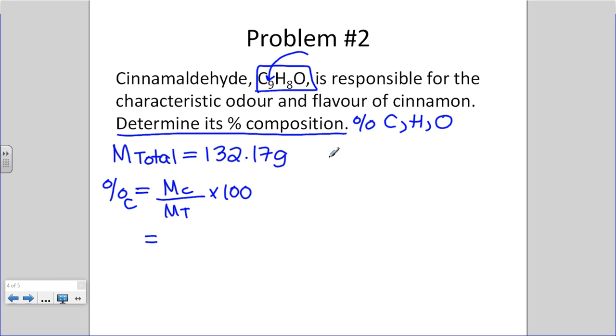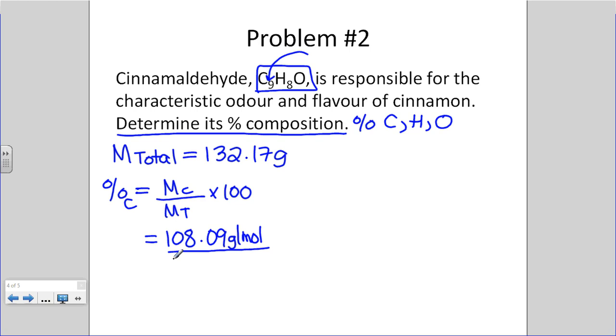So our molar mass of 1 mole of carbon, or 1 atom of carbon, is 12.01, but there are 9 of them. So 9 times 12.01, that'll give us 108.09, and our units are grams per mole.